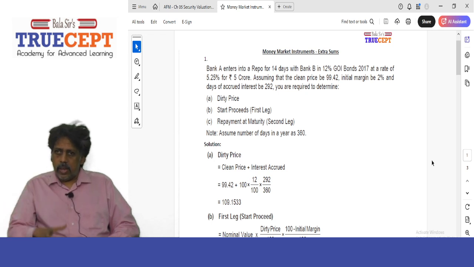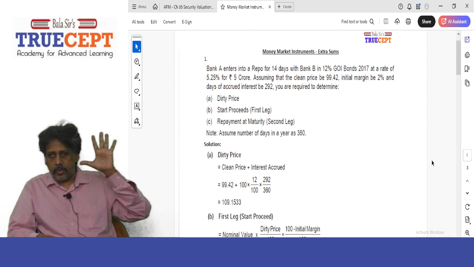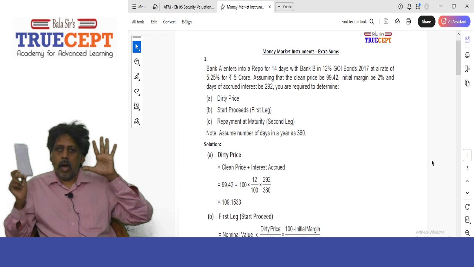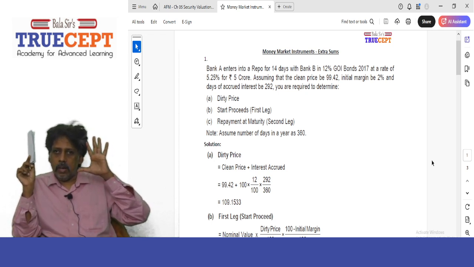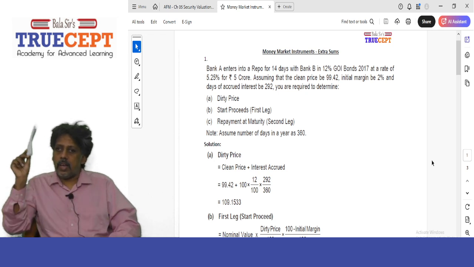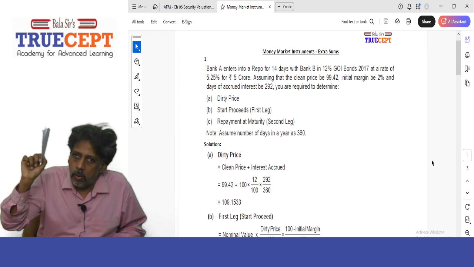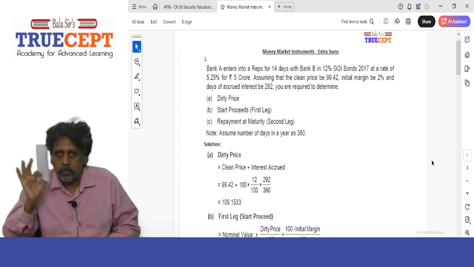Now listen. Please understand bank A, my right hand, and bank B, my left hand. Banker A wants a loan and is ready to sell their investments. Assume these are investments in government bonds.